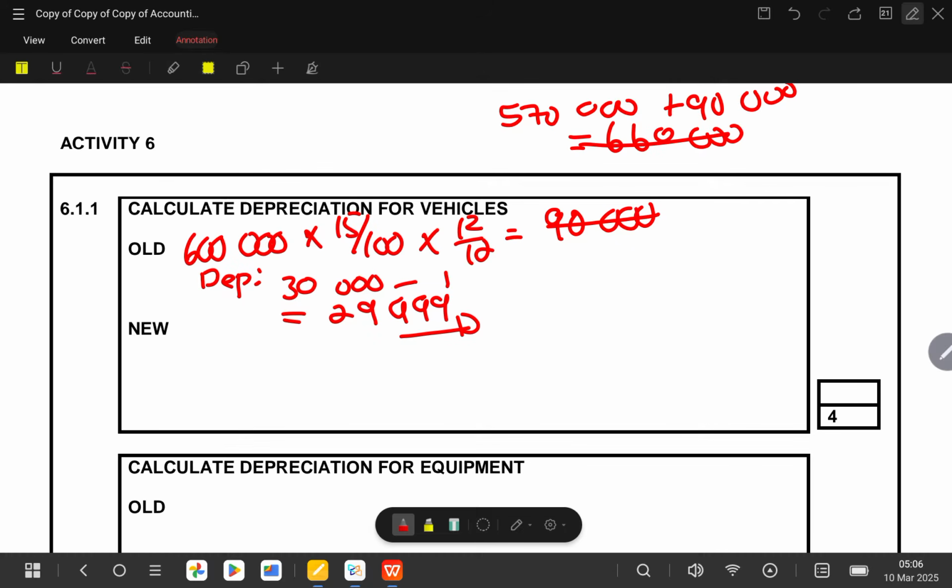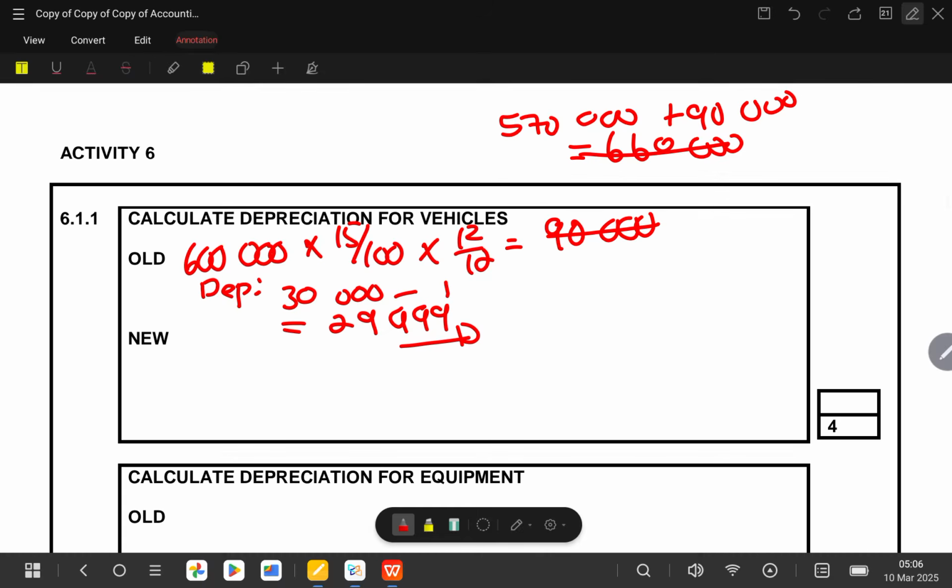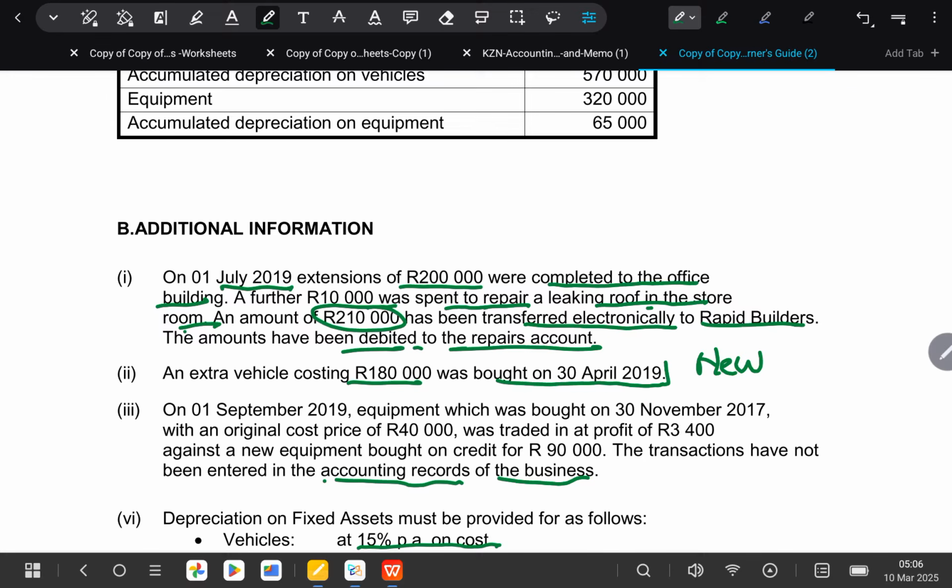And then number two, you need to calculate depreciation for the new one. Remember, the new one, according to the information, was bought on 30 April 2019.